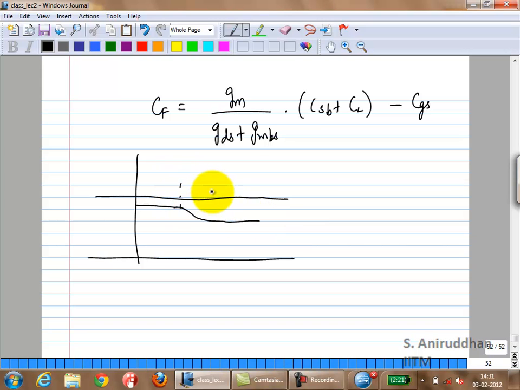The pole frequency was smaller than the zero frequency, so it starts going down and then flattens out again. Okay, what is the phase response going to look like?